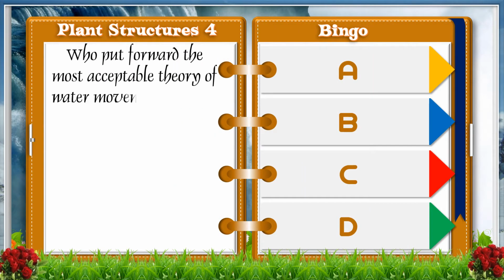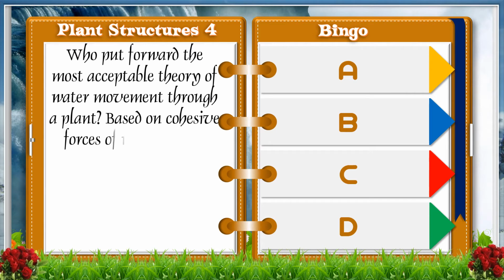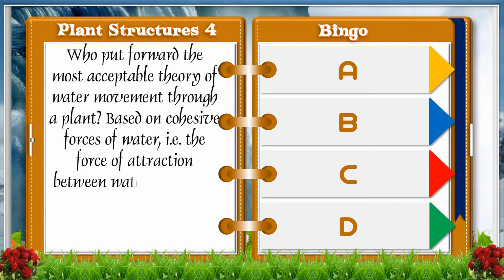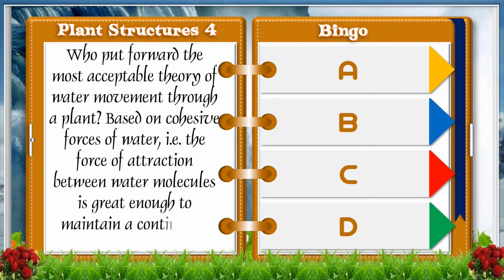Who put forward the most acceptable theory of water movement through a plant based on cohesive forces of water, that is, the force of attraction between water molecules is great enough to maintain a continuous column of water?